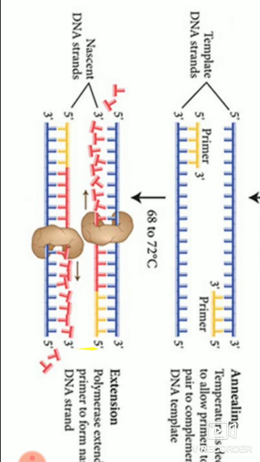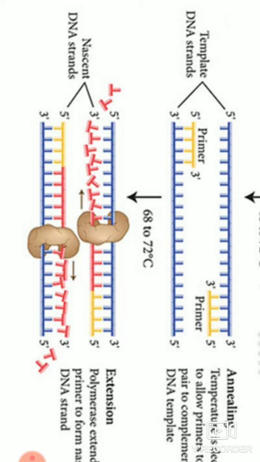Extension is nothing but the elongation step, where the dNTPs are added to the 3' end of the primers with the help of the DNA polymerase enzyme. The type of DNA polymerase applied in this reaction determines the optimum extension temperature at this step.